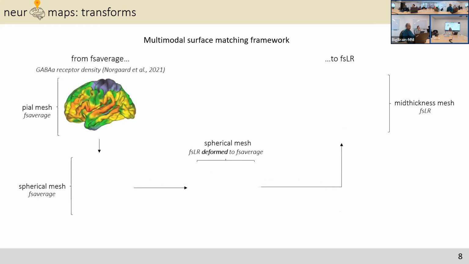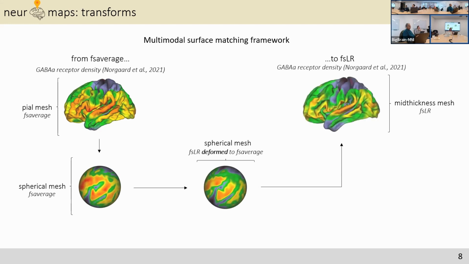So if we take some density map of a GABA receptor and want to convert it to FSLR, we project it to its spherical mesh in FS average, then project it to this FSLR deformed to FS average spherical mesh, and then project it to the FSLR mid-thickness mesh, for example. So now we have a mapping between the two that respects the sulcal and gyral information of the two maps.